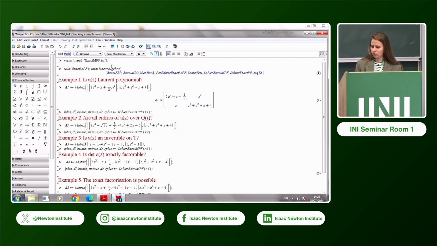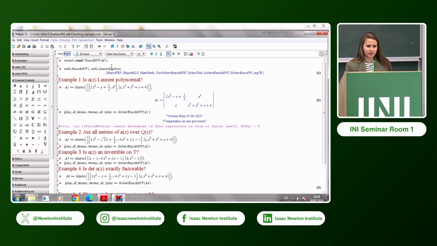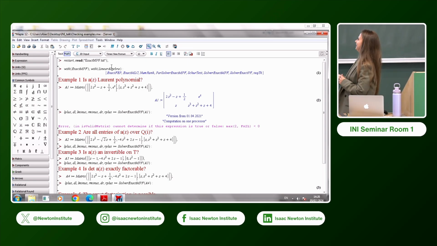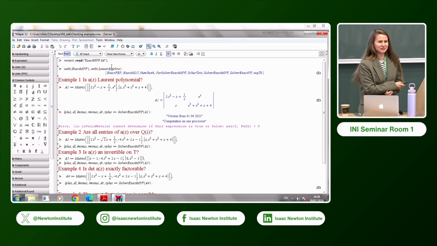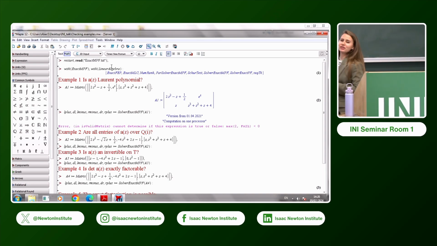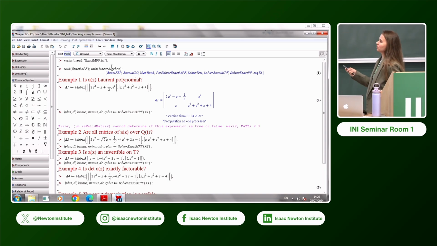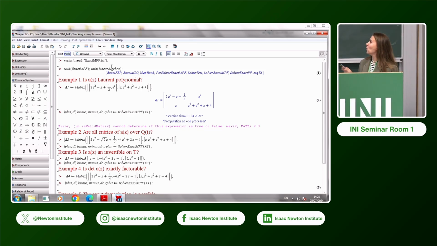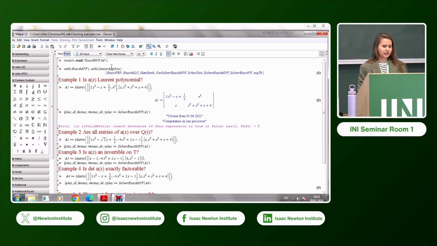Yeah, we have my matrix A, and during the preparation of the program, I found out that we need to add a special notification for this case. At the moment, the program has produced an error, but we will fix it in the next release of the program. We will add the correct note why the exact factorization is not possible here.